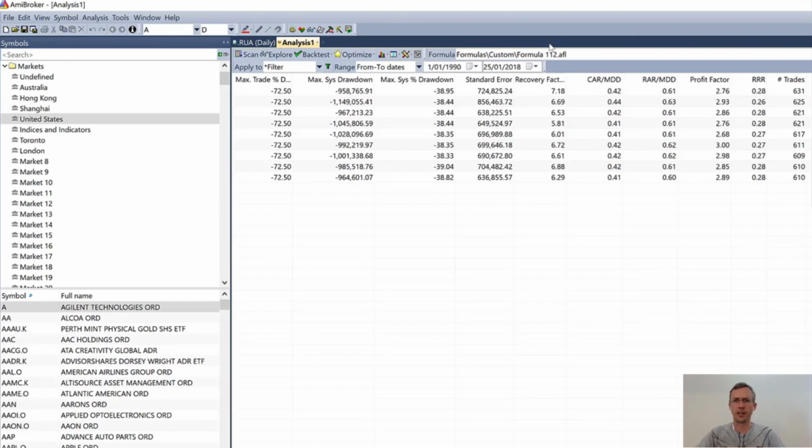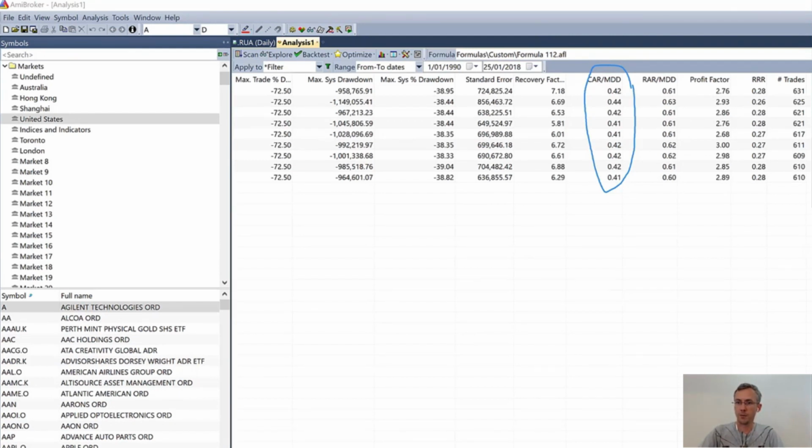Now, generally what we're doing is trying to make a smooth equity curve. So I usually start with compound annual return over max drawdown, comparing that first to see if there's a clear winner or if there's a clear pattern of improvement or deterioration in the smoothness of the equity curve as we change that optimization value. So in this system, we changed the short-term moving average. That's what I optimized.